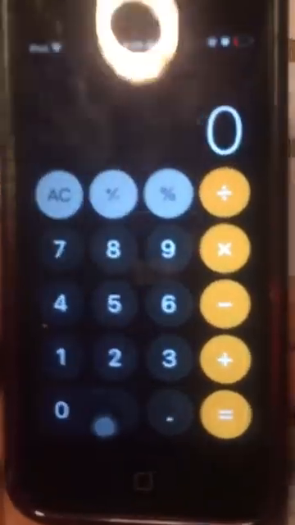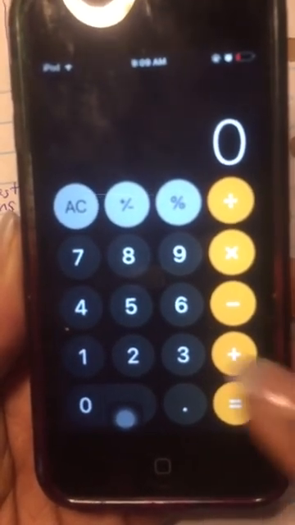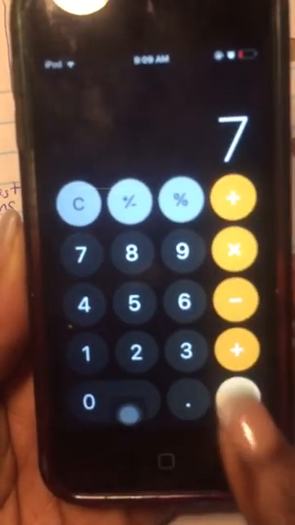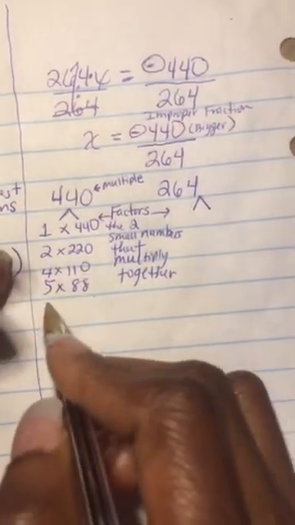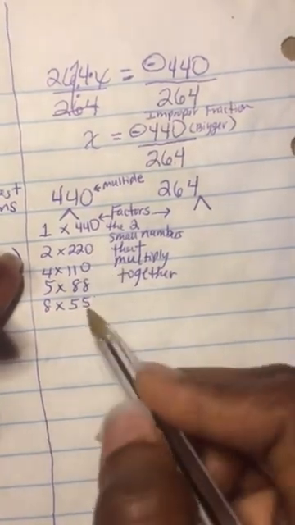Always hit your AC or your C to clear out the calculator so that you don't get your numbers mixed up. So 440 divided by 7 gives us a decimal, clear. 440 divided by 8 gives us 55. So now we have 8 times 55. And these are all factors.